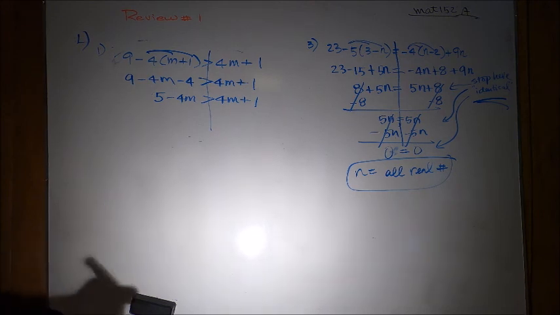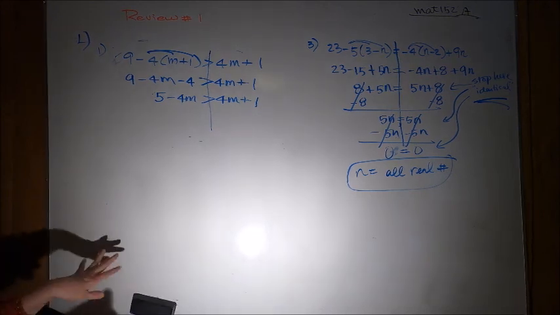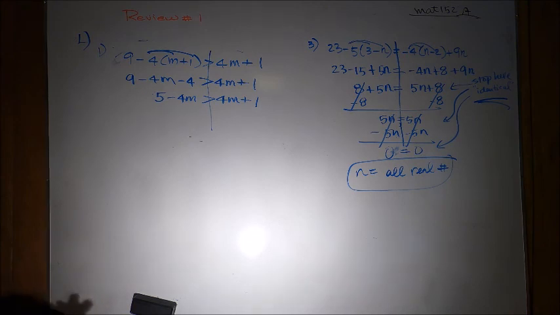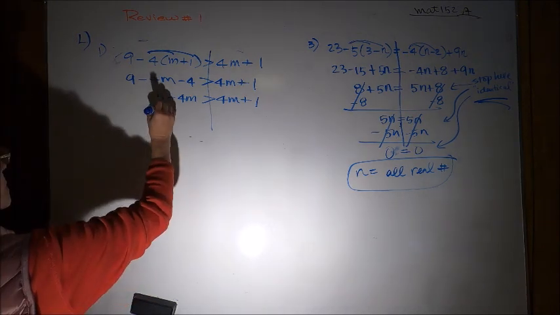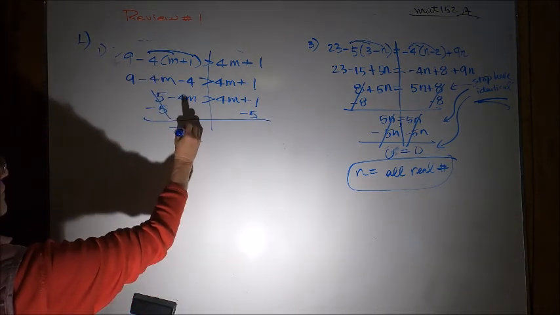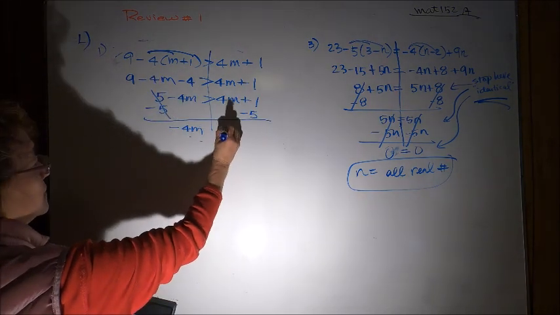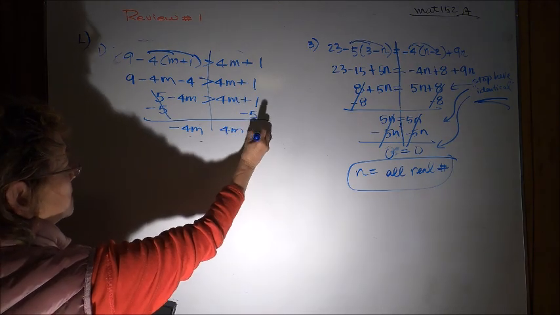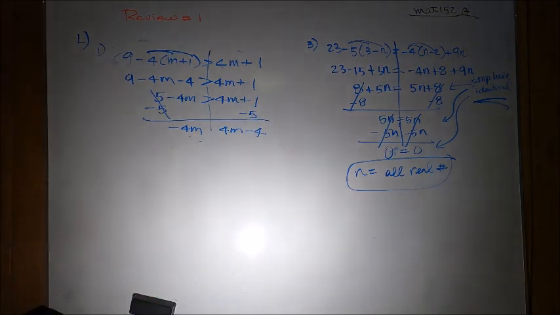We didn't divide by a negative number, so keep your direction. Then what do we do? Move the numbers over. We have a negative 4n and 4n minus 4, right?